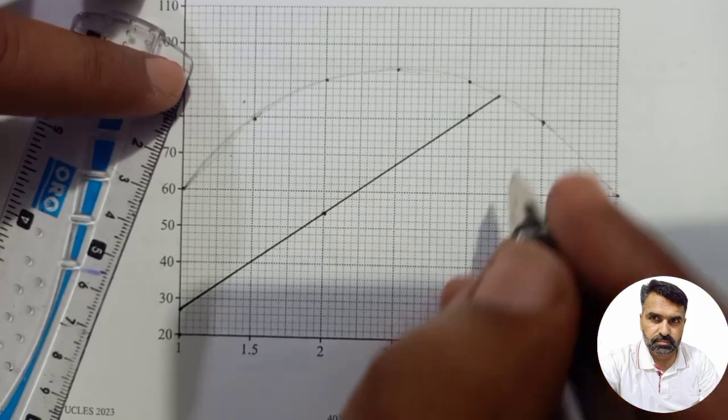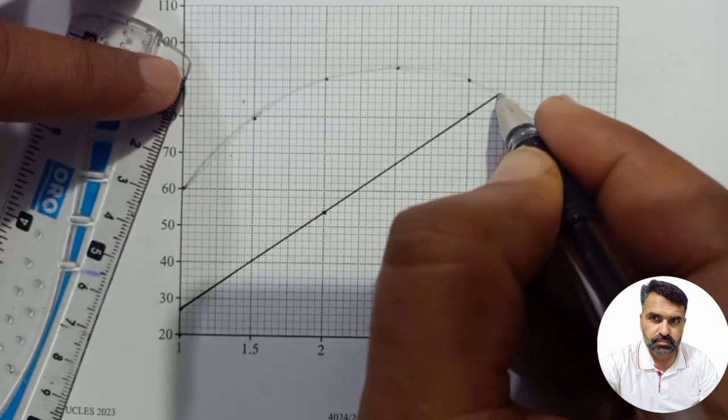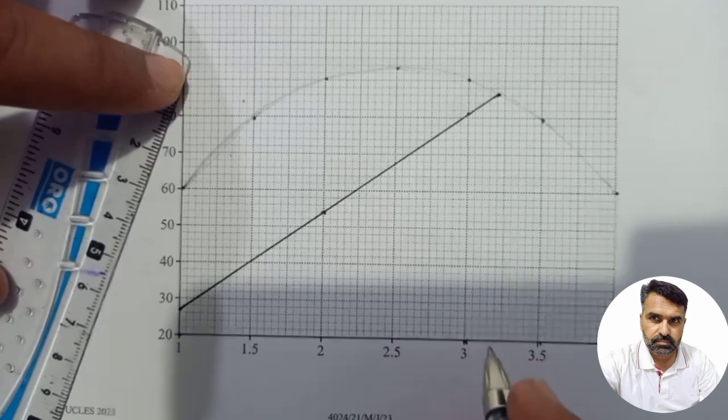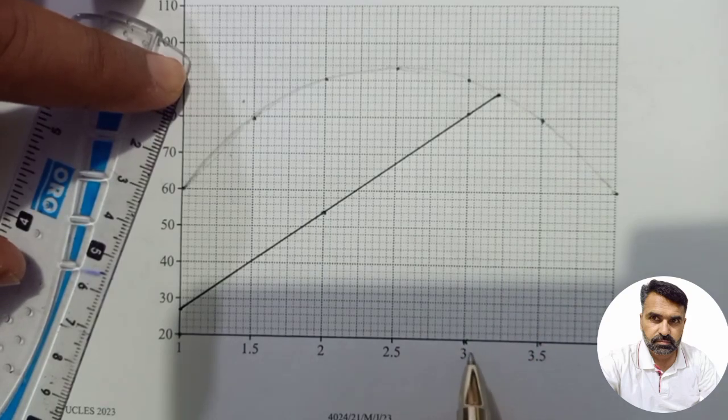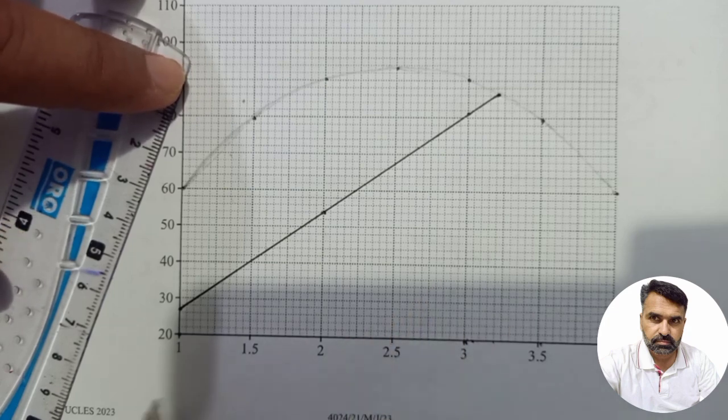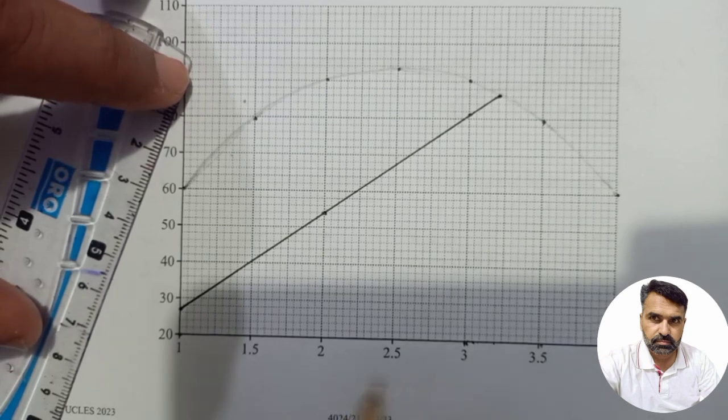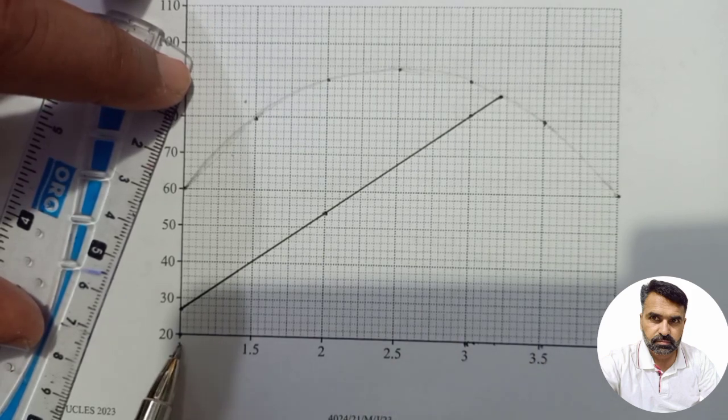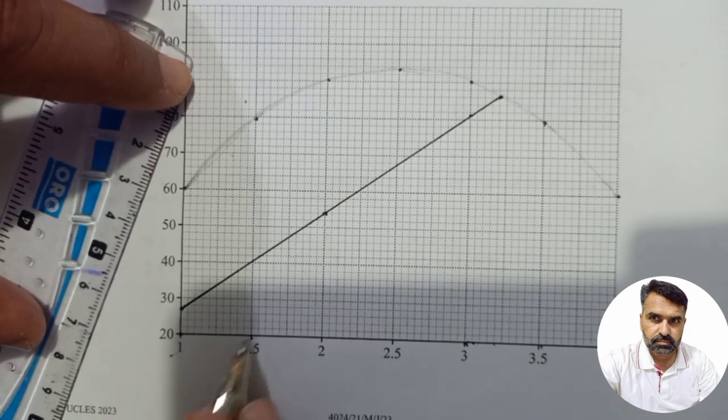And students, both the graphs are intersecting at this point, and this point is 3, 3.2, 3.4, 3.6 and 3.8. Here, sorry students, first we have to find these 2 points, this is 1 and it is 1.5. So 1, 2, 3, 4, 5, 6, 7, 8, 9 and 10.